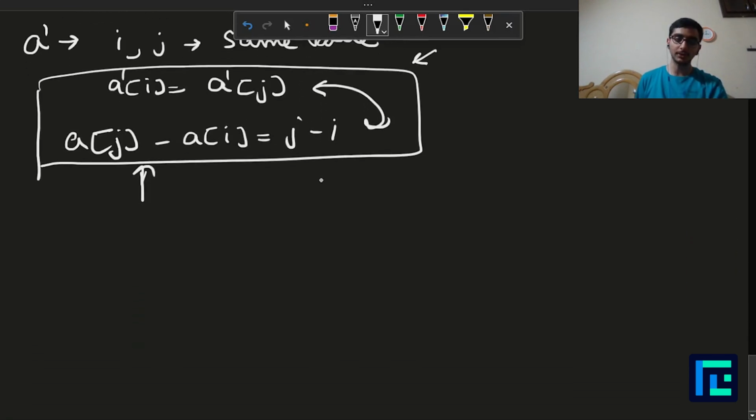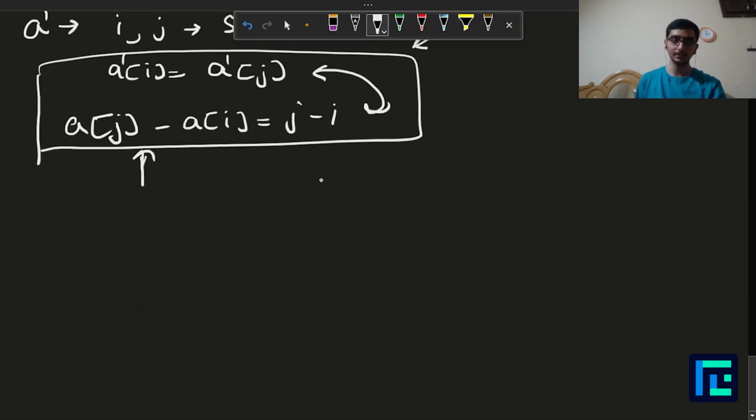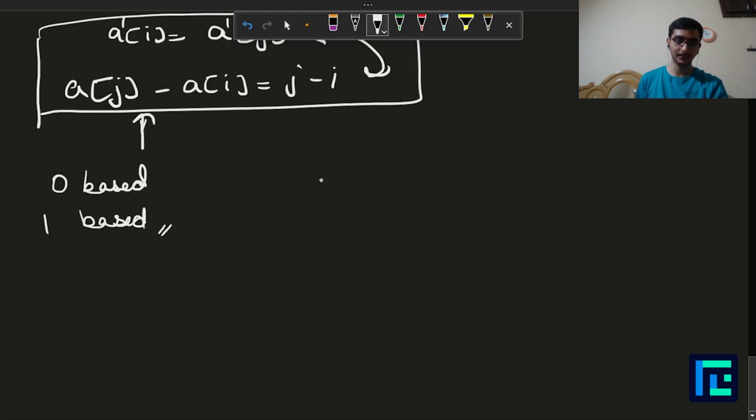Now, another small thing that I stated earlier, that even if you take zero based indexing or one based indexing, this equation won't change. And why do I say that? Let's see. Let's assume for a fact that we have zero based indexing here. If I had to convert it into one based indexing, what would happen?